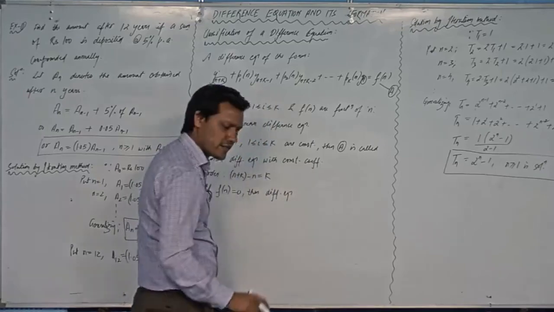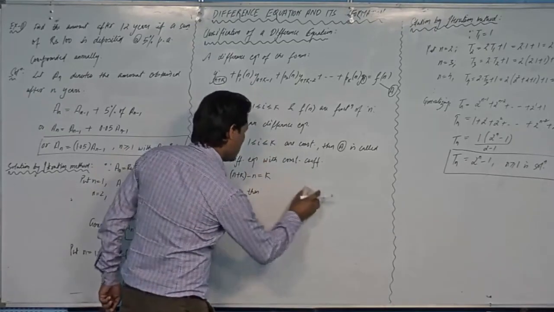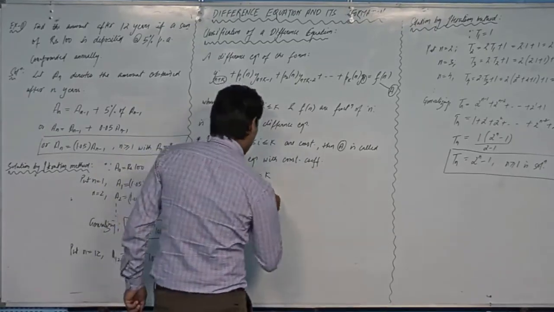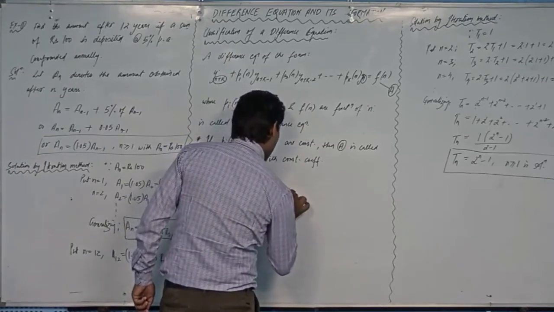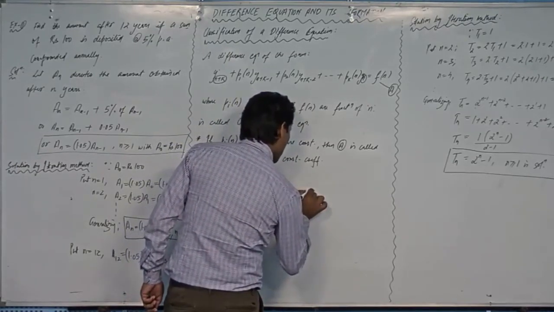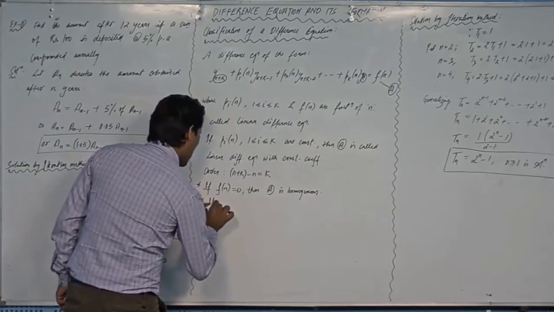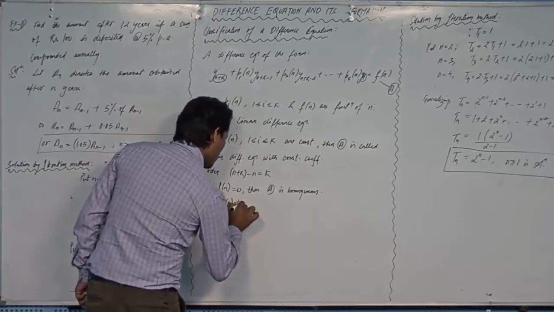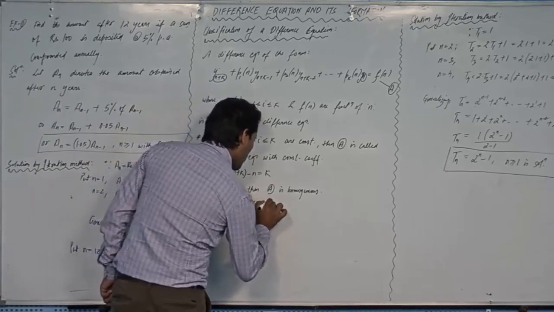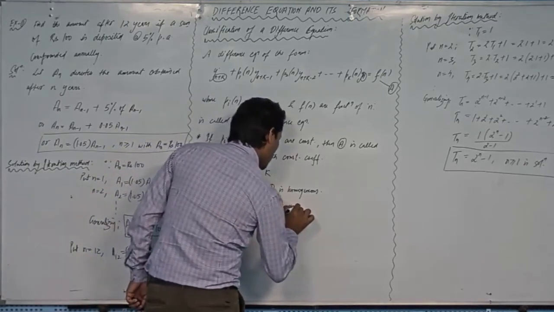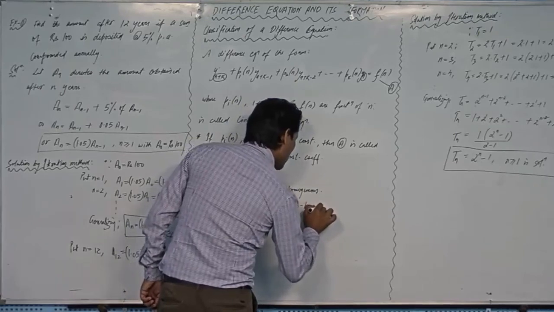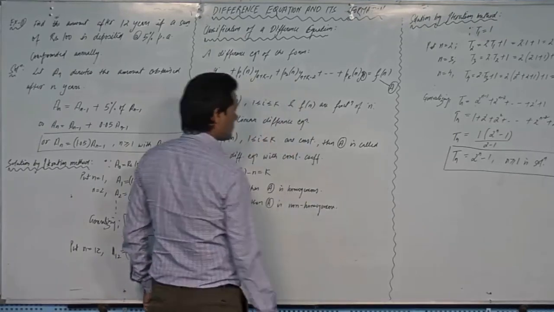And if f(n) is not equal to 0, then A is non-homogeneous.